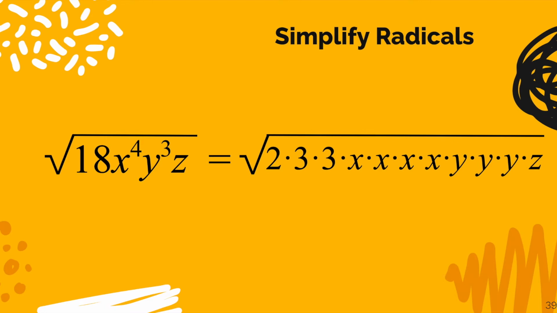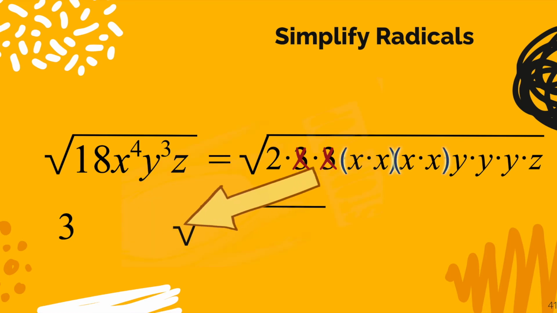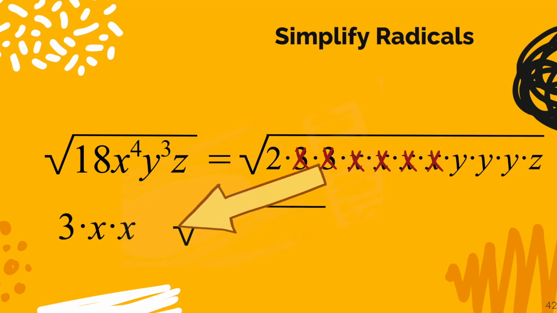Now let's look for pairs. I do see a pair of 3's, so that can come out of the radical. Looking at the x's, I see 4 factors of x under the radical, which is 2 groups of x's. So 2 factors of x can make their way outside of the radical. Turning your attention to the y's, I see 3 y's under the radical, so we do have a pair of y's under the radical.